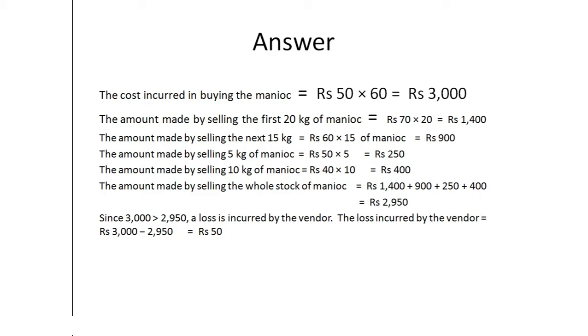Buying price is 3000 rupees. There's a loss, since 3000 is greater than 2950, so a loss is incurred by the vendor. You can find the loss as buying price minus selling price: 3000 rupees minus 2950 rupees, 50 rupees loss.